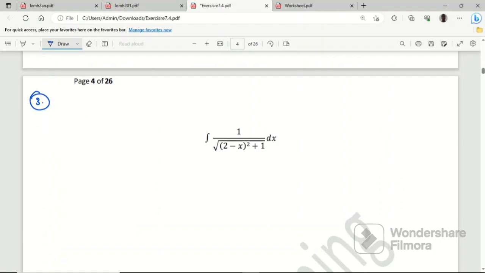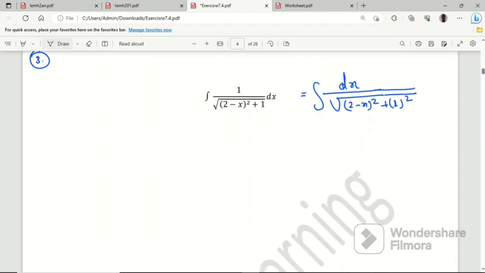Again here it is in the form of x square plus a square. We can write this as 1 by 2 minus x square plus 1 square dx. Directly you can use the formula. The same formula will be used, x square plus a square.